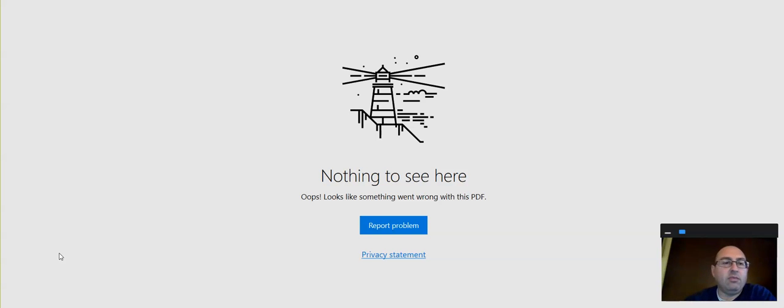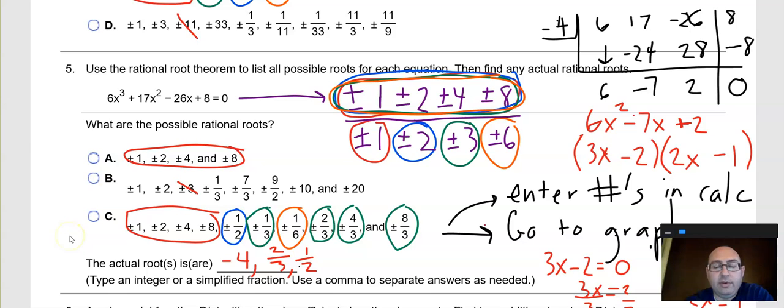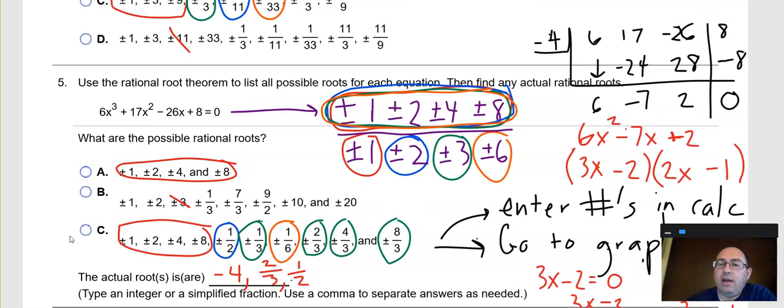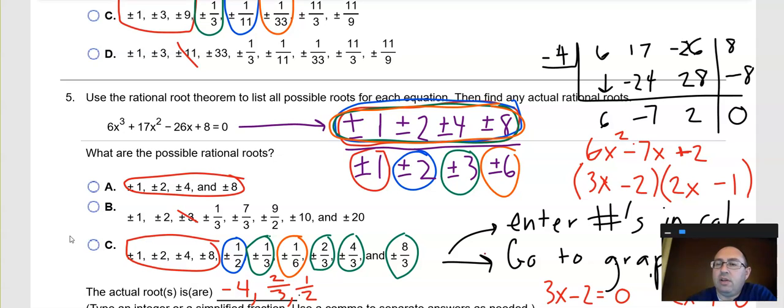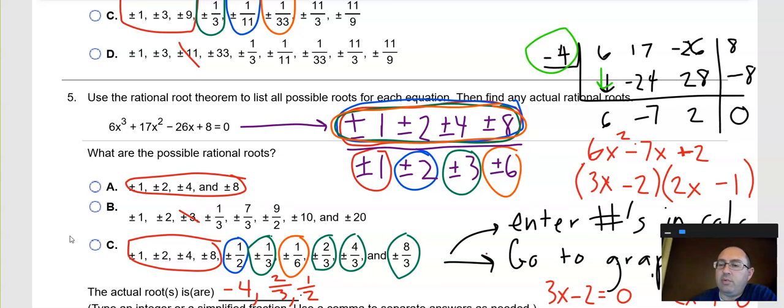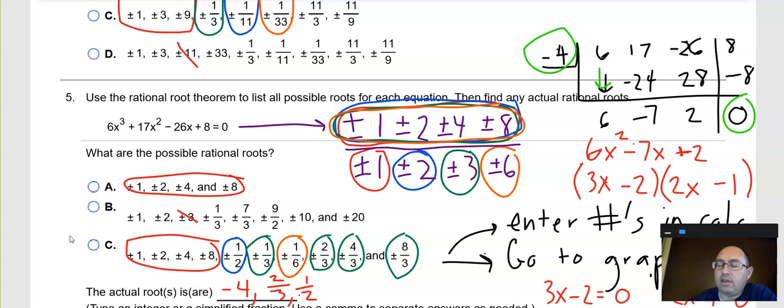Now, we found -4 to be a 0, so I decided that I would use -4 and do synthetic division. Carry down the 6 and multiply, add, multiply, add, multiply, add. I ended up with a 0 over there on the outside edge.